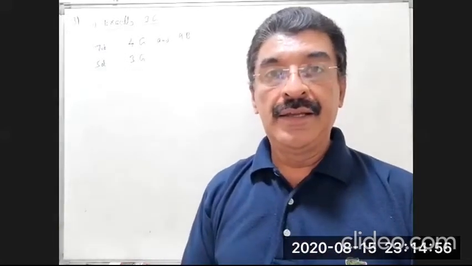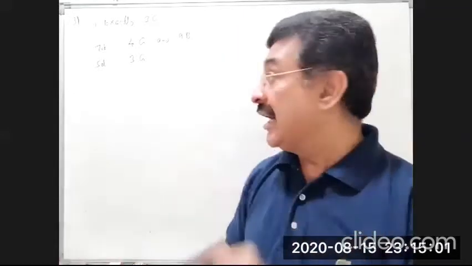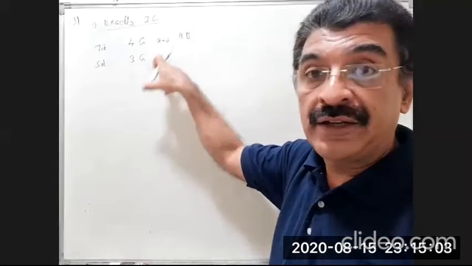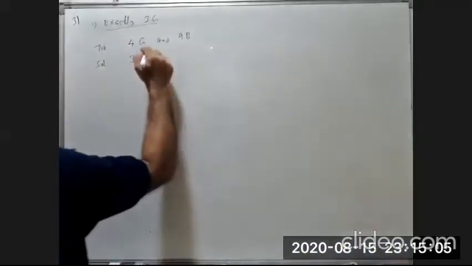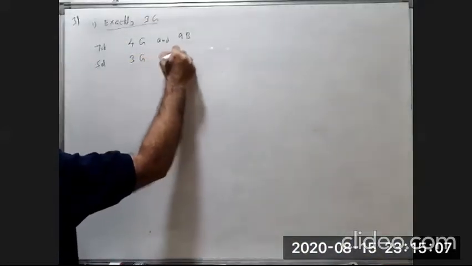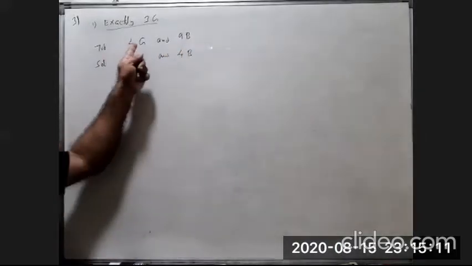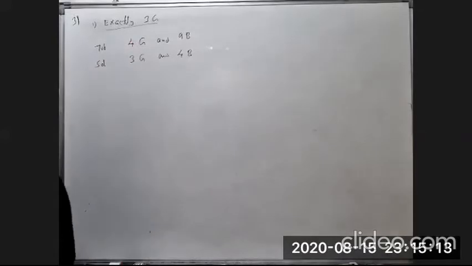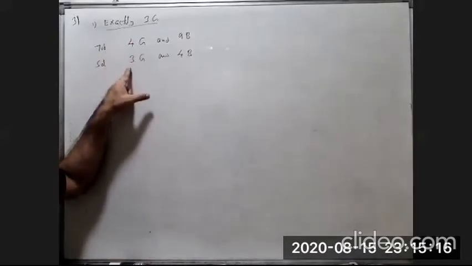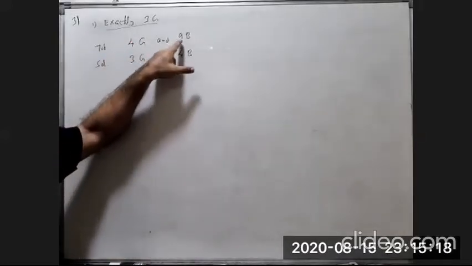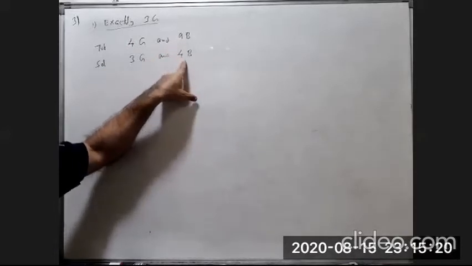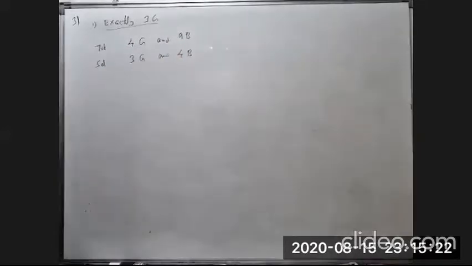Those 4 boys are to be selected from 9 boys. From 4 girls, 3 girls can be selected in 4C3 ways, and from 9 boys, 4 boys can be taken in 9C4 ways.